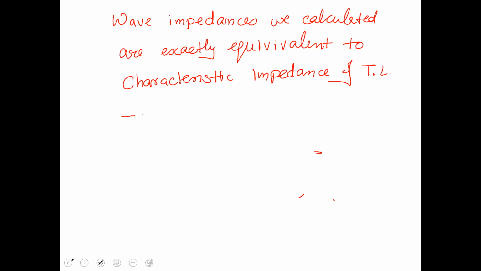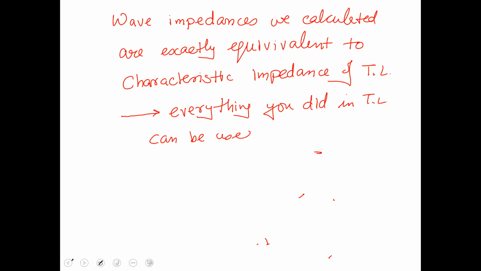So everything you did in transmission lines can be used directly in waveguides.